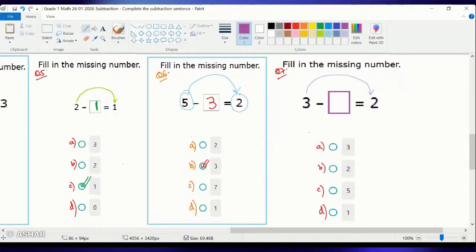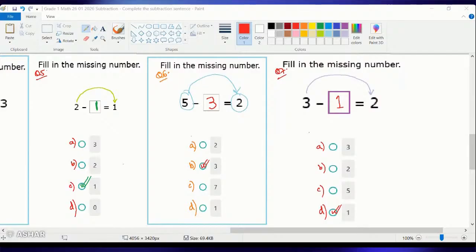That would be equal to 1. And we click on option number D. Okay. That means 3 minus 1 equals 2. We are done with 7 questions already.